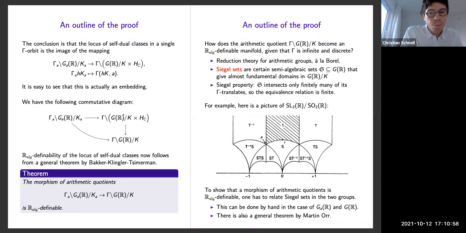So not just fixing the Hodge type of the class, but maybe saying something like the 2-1 component of the class is 3 times as big as this other class, or things like that. This would presumably also give you definable sets, because the Hodge decomposition varies in a definable way from point to point. But then you have even less.